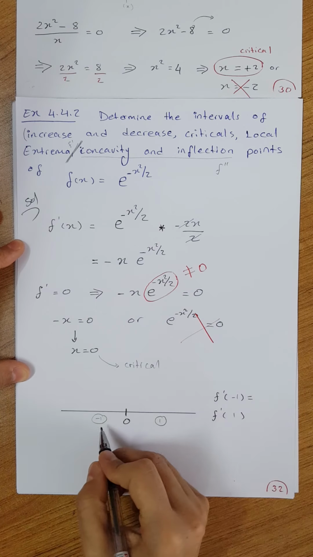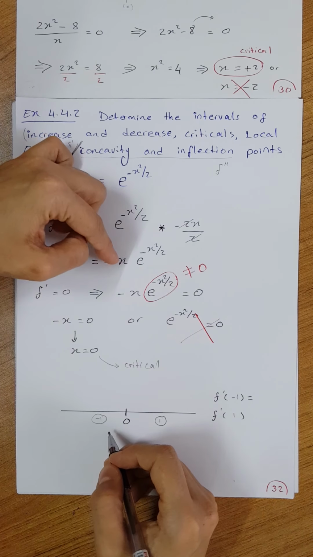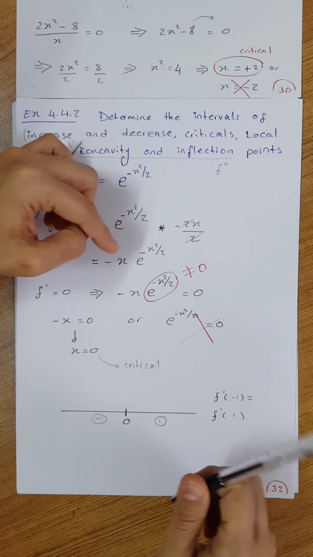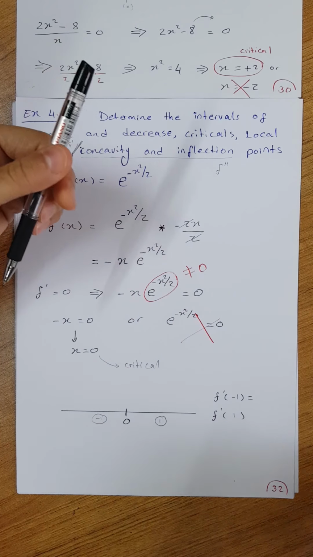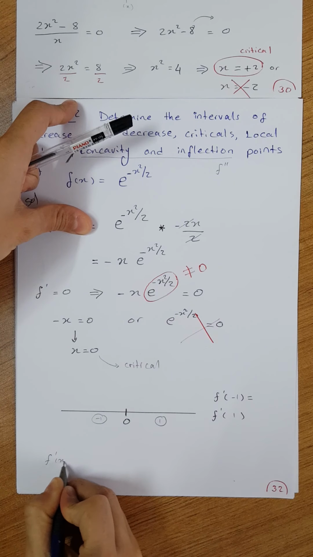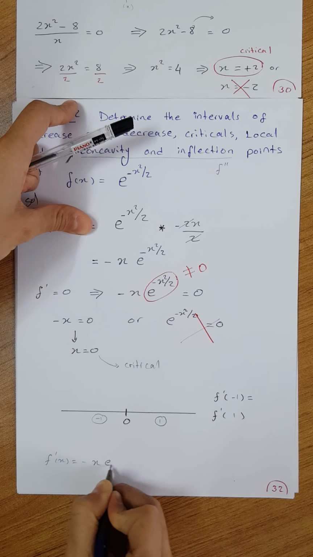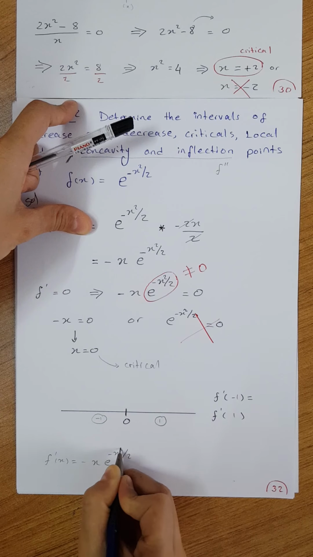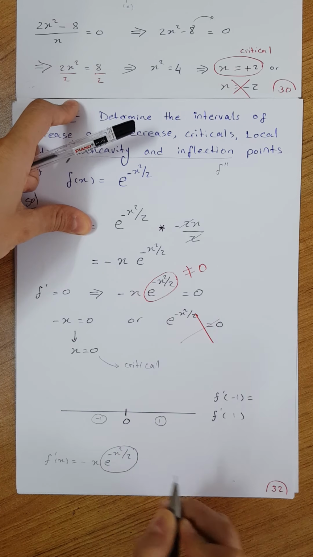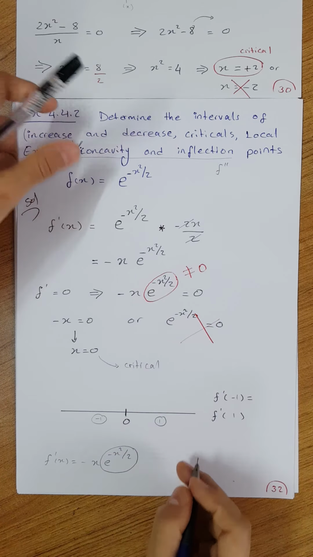If I put negative 1 into the first derivative of the function, do I get a positive number or a negative number? We know that f prime of x is equal to minus x e to the power of minus x squared over 2. That exponential function, we studied, was always greater than 0.